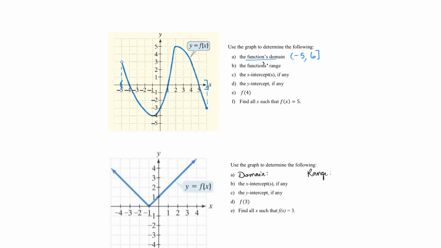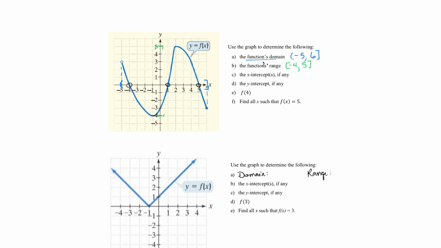And then the function's range, let's see if we can do this one without copying and turning it sideways, is going to extend from -4, including it, up to 5, including that endpoint as well. The x-intercepts, if any, well, the graph has points on the x-axis here at -4 and 1 and 5.